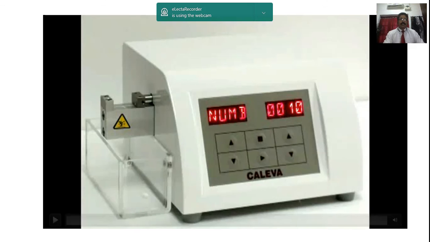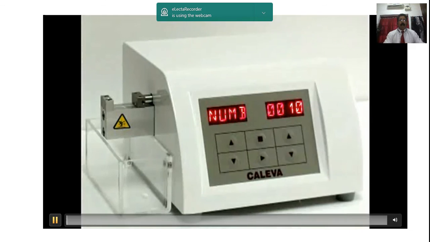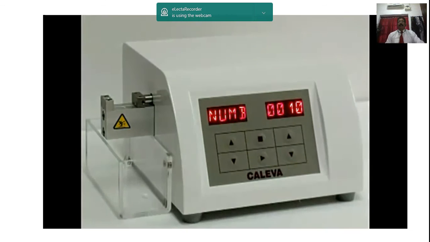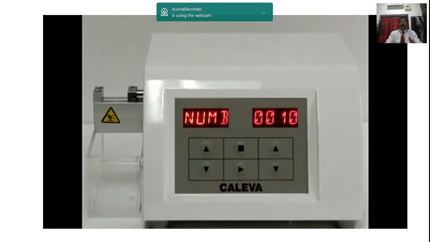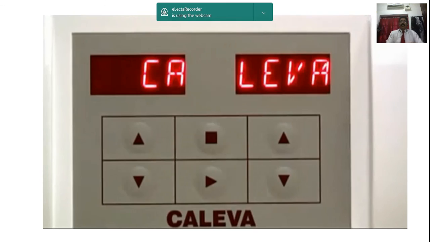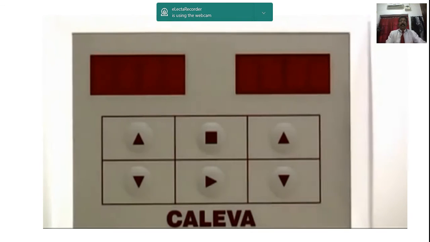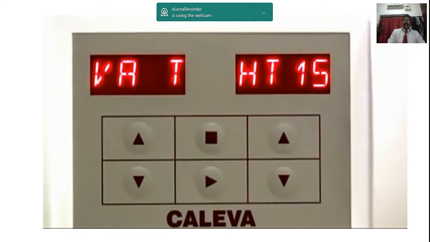Can you see this video now? It is an instrument called Caliva EH15. It's an easy hardness tester with constant speed.